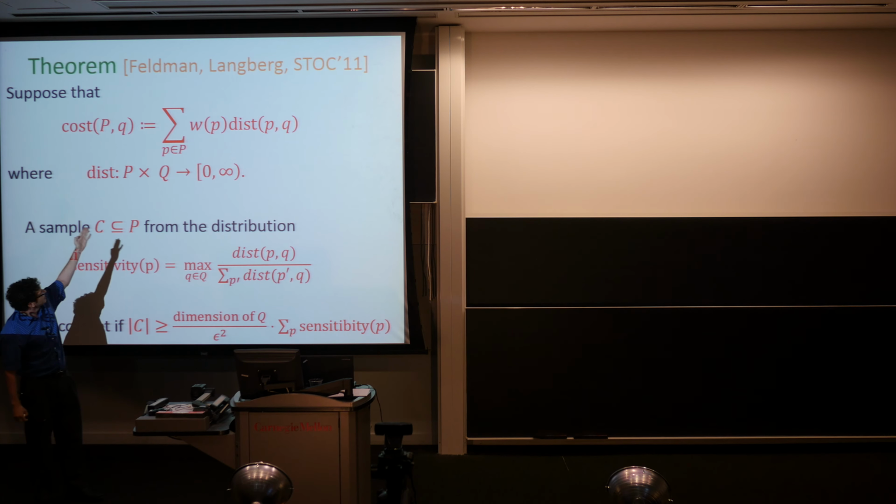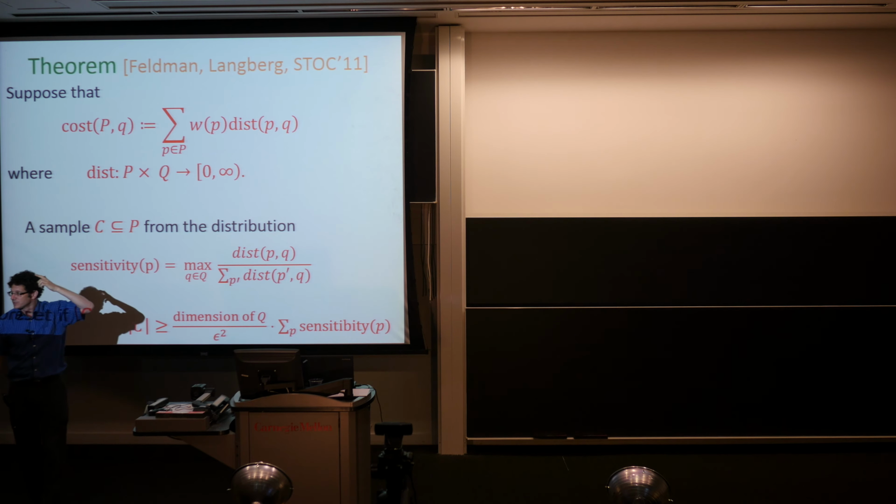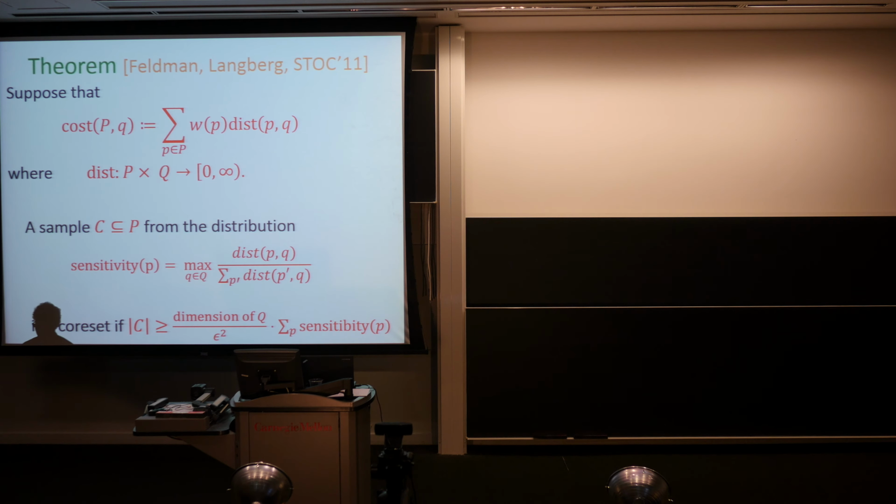And what you want to approximate is the sum. For example, for k-means, this will be the square distance between a point and the nearest point in the k centers. Or it could be some other strange distance function that you need, like in mixtures of Gaussians, or a distance between distributions.